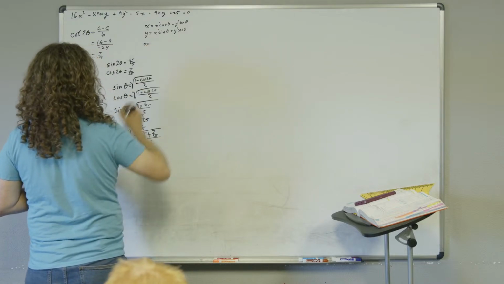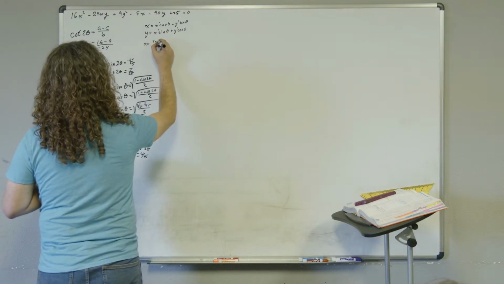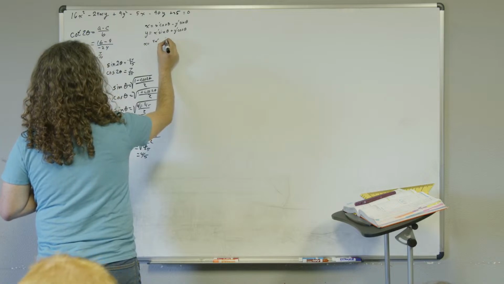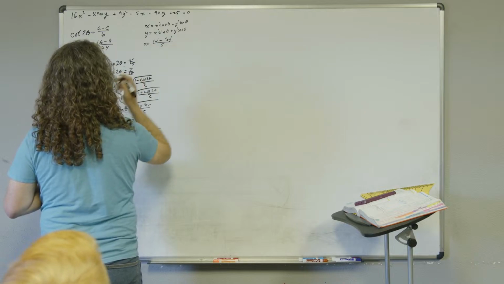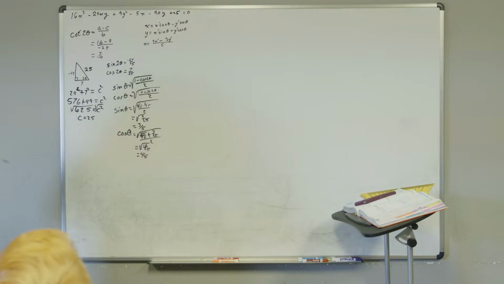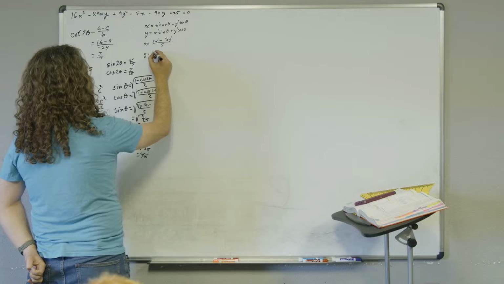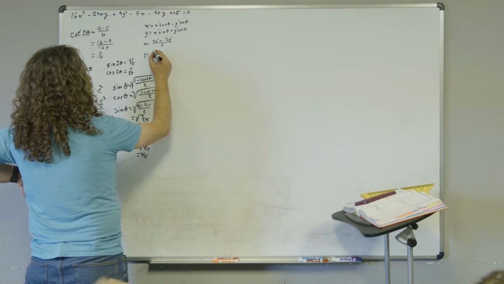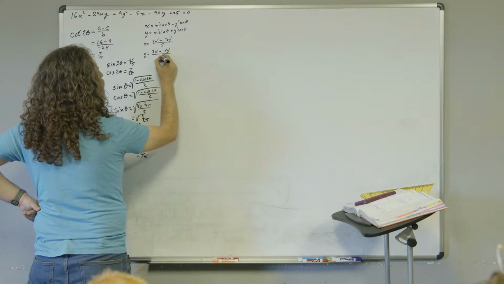So x equals 4x prime minus 3y prime over 5, times cosine. Oh, because that's what it is. Oh, I see. I got it now. y equals 3x prime plus 4y prime over 5.